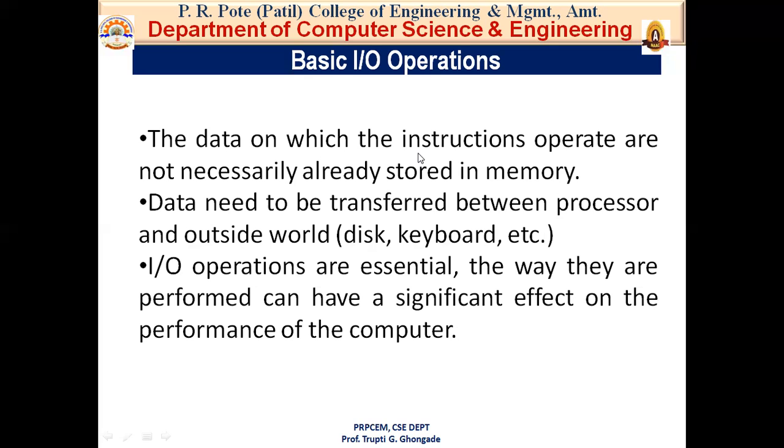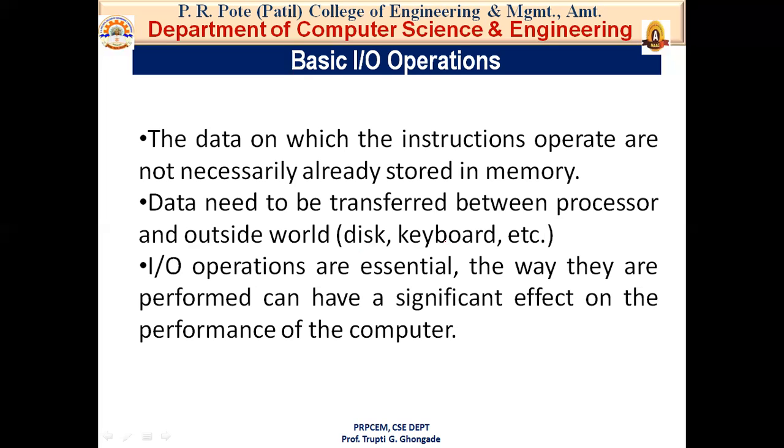It means that data needs to be transferred between the processor and the outside world, that is the disk, keyboard, etc. IO operations are essential because the way they are performed can have a significant effect on the performance of the computer.